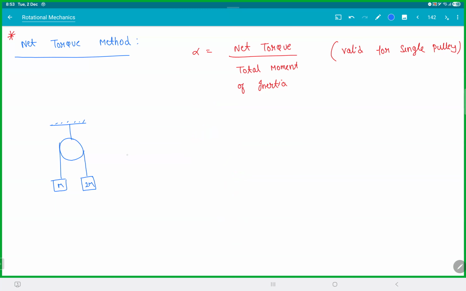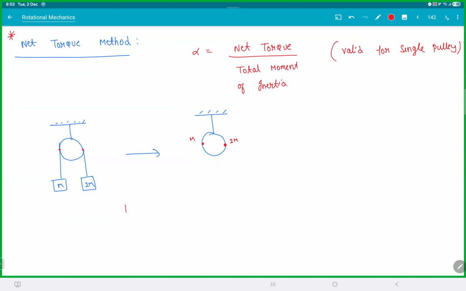So since length of the string is not affecting the problem, take these blocks in such a way the length is almost zero, attach the blocks at the point where the string is connected to the pulley. Means you treat this particle 2m stuck to the pulley, treat this like a particle m stuck to the pulley.